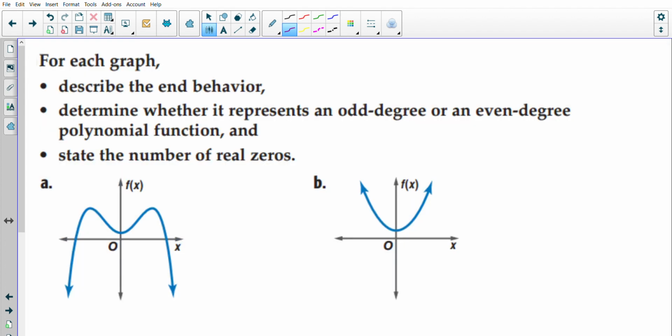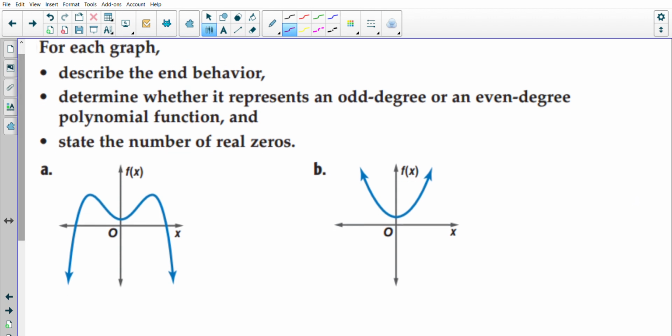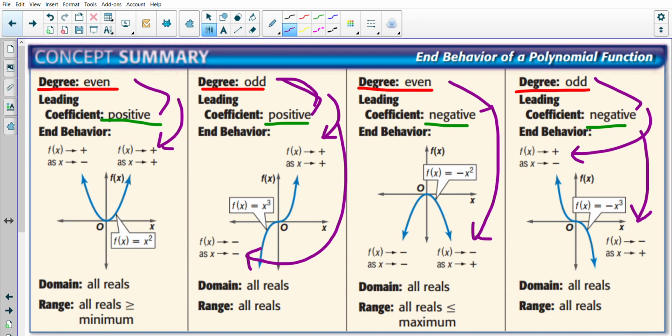Here we don't have the equation, but we can still identify it. Describe the end behavior. For A, both ends are pointed down. So we focus on the third step: it's even and it's negative.